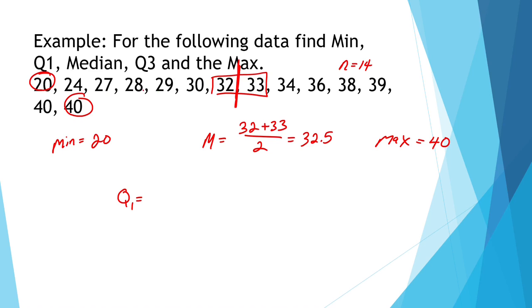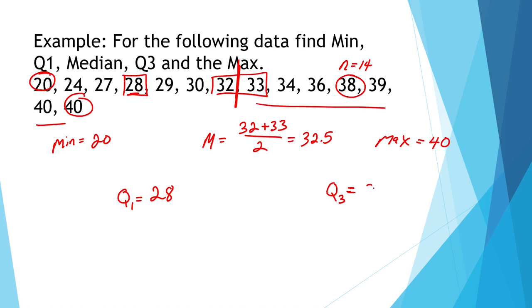The median of the first half is 28. It is directly in the middle of the first half, so Q1 is 28. Q3 is going to represent the median of the second half, so when I split the data in half, the number that is directly in the middle is 38.